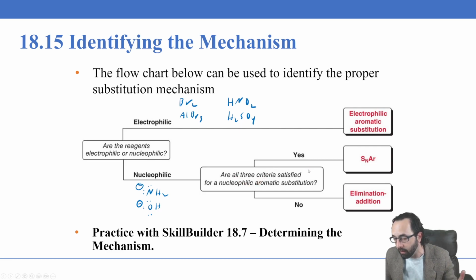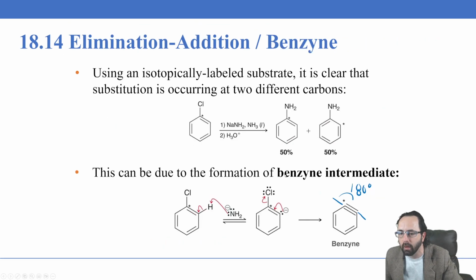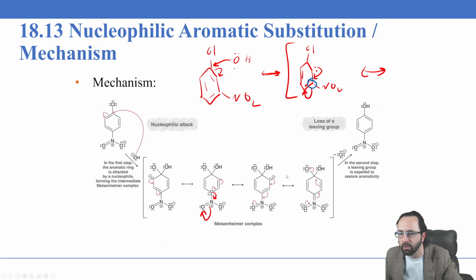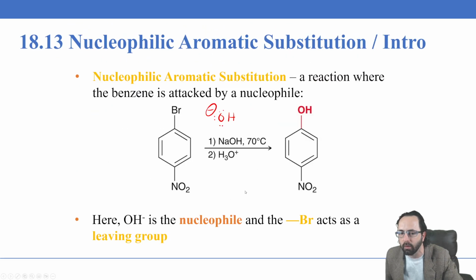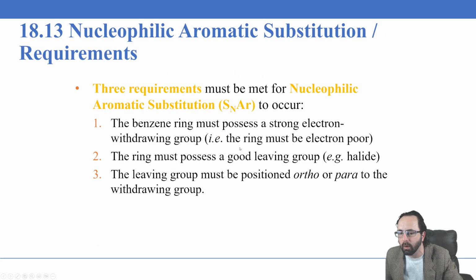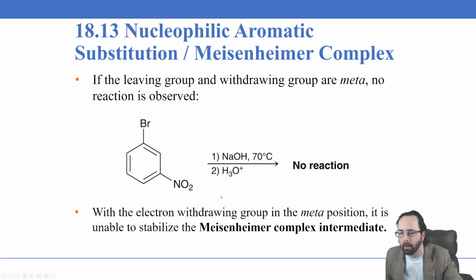For example, the electron withdrawing group here, then we will have a nucleophilic aromatic substitution. Just to go back to the nucleophilic aromatic substitution and those three conditions here: we have a strong electron withdrawing group, a good leaving group, and a position ortho or para, right?